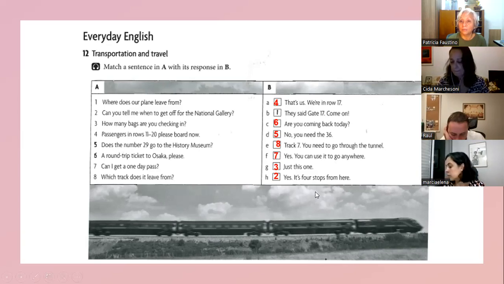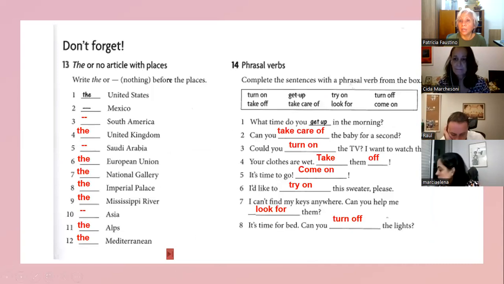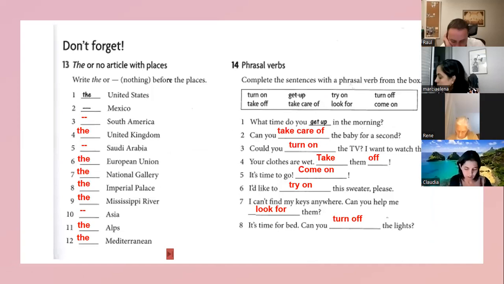What about the rest of you? Did you understand my explanation to Sida? Any more? Anything else that is a little confusing, or is everything okay? All right.